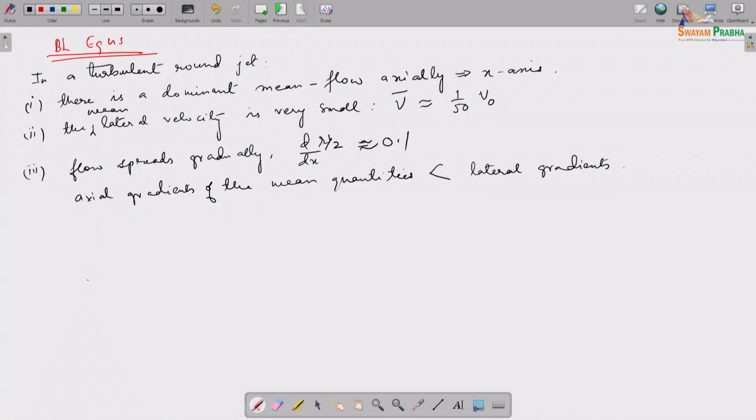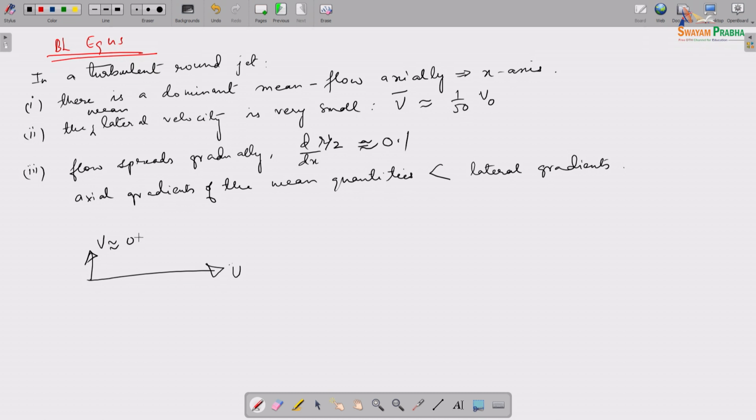Based on this kind of behavior, we have a flow where the u component of velocity is dominant and the v component of velocity is very small.